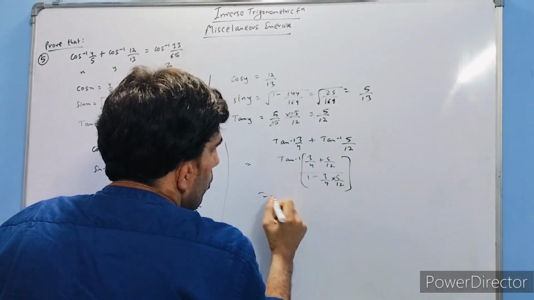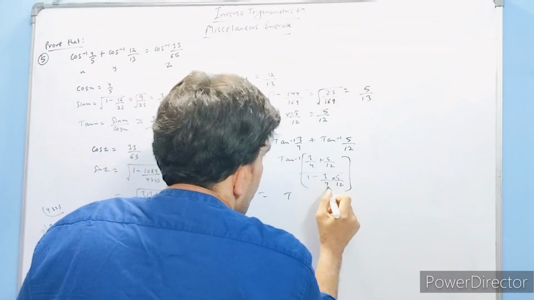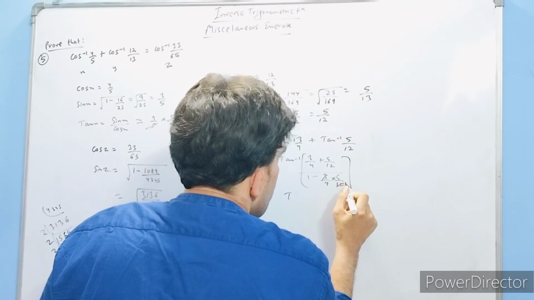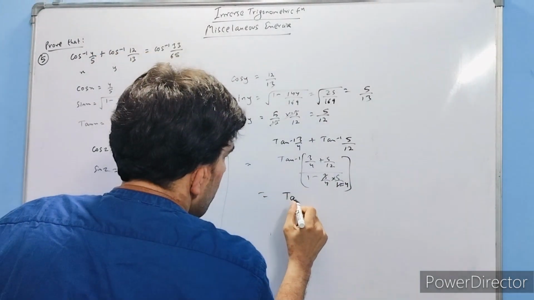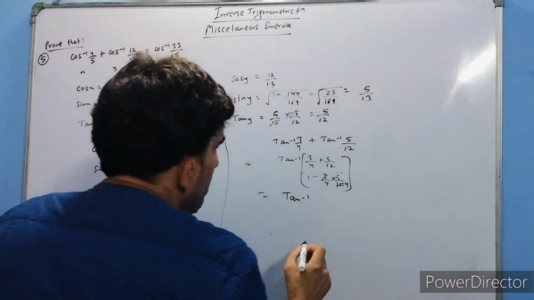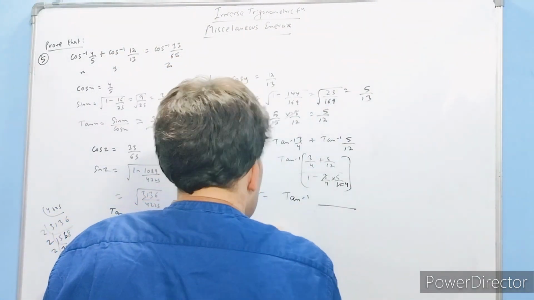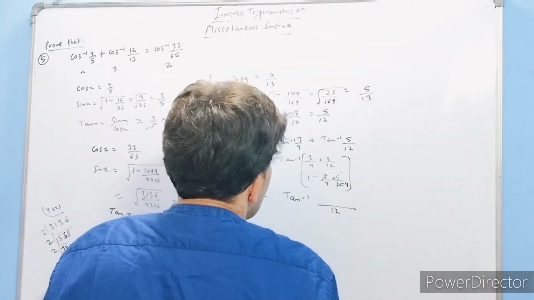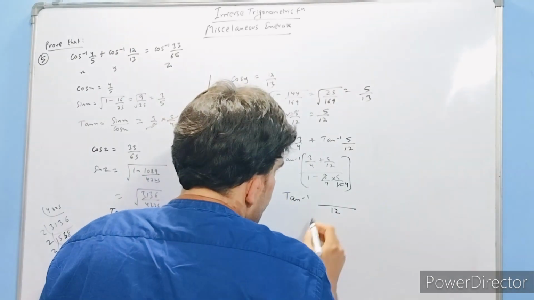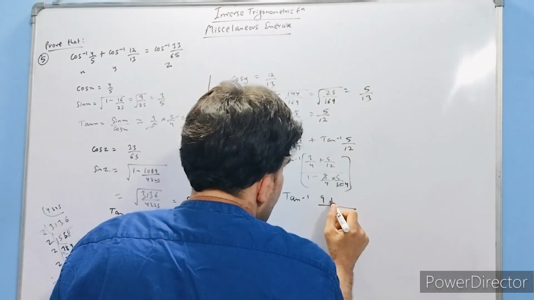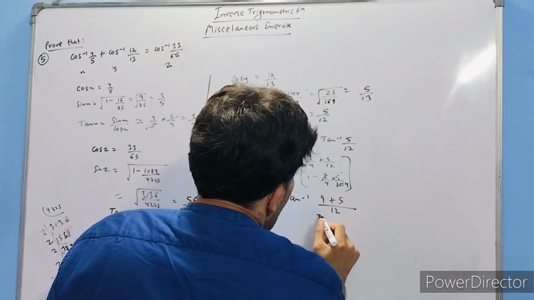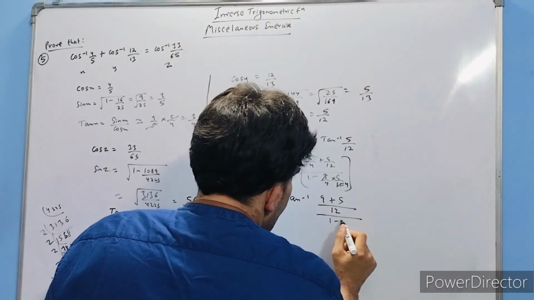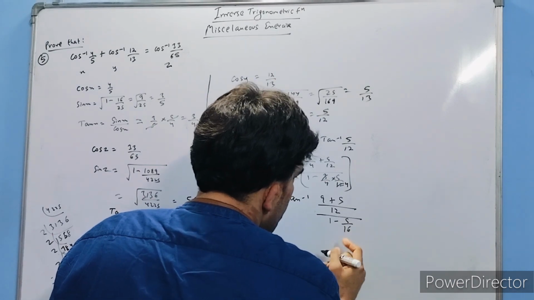So now what I can do here, let's try to solve it. Okay, so we have here tan inverse, the LCM of 12 will be there, and 9 plus 5. Now I have this upon 1 minus 5 upon 16, that is 16 minus 5.